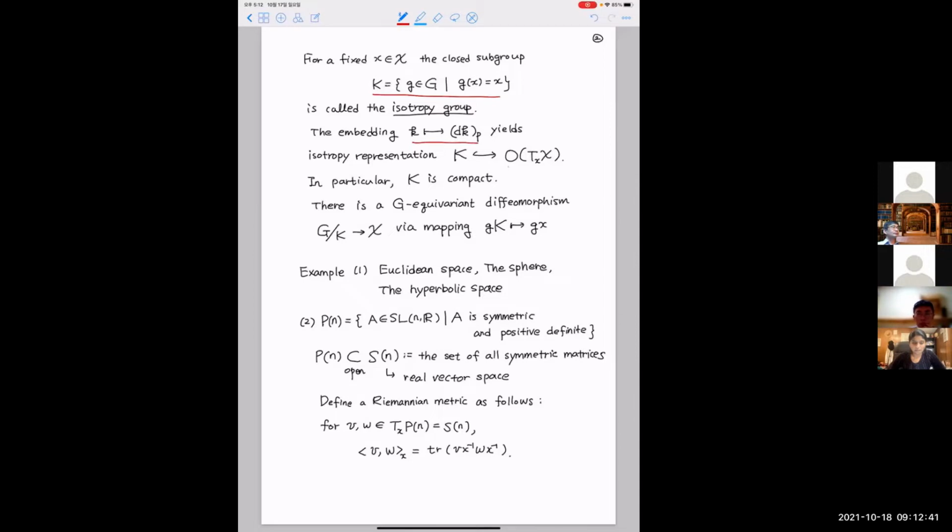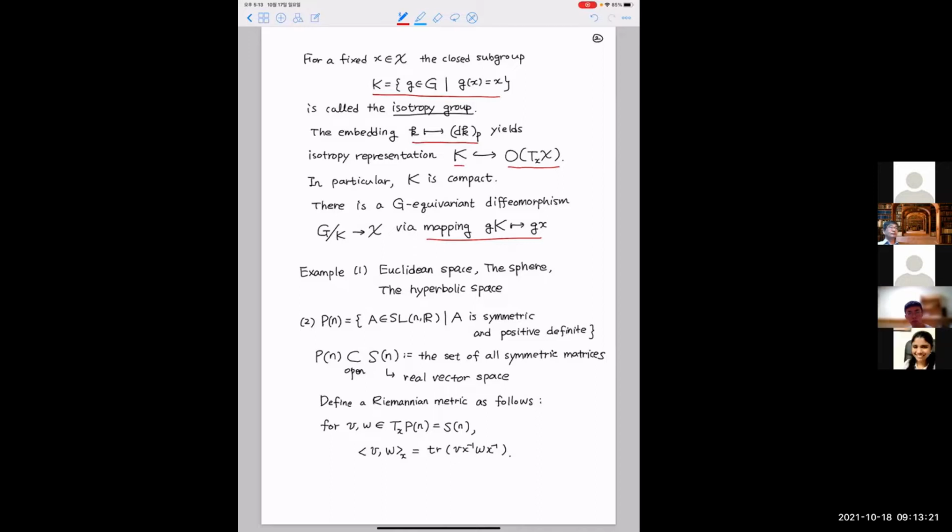So K is compact, because K is a closed subgroup of a compact group. And there is a G-equivariant diffeomorphism from G quotient K to the symmetric space X via the obvious mapping. So a symmetric space can be obtained as a quotient of the isometry group by a certain compact subgroup.